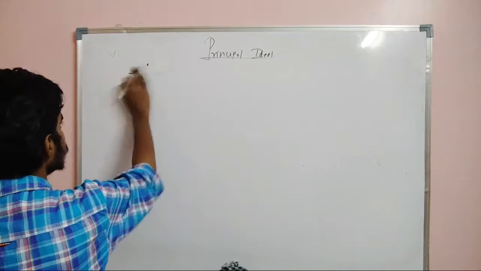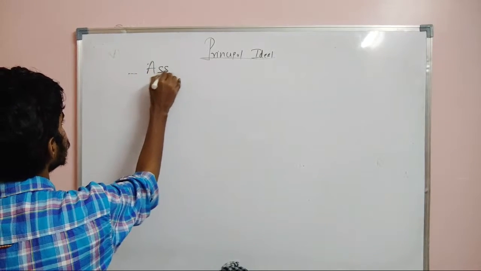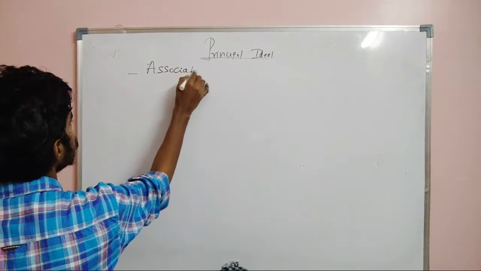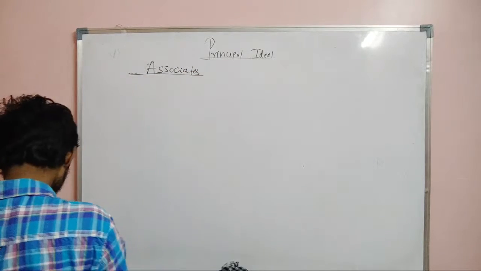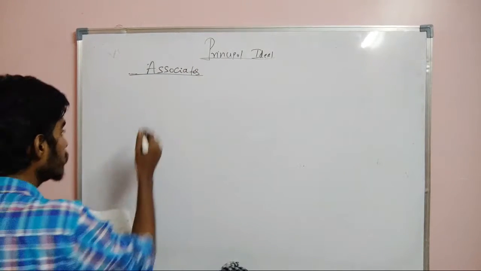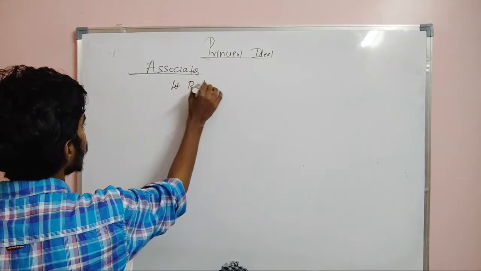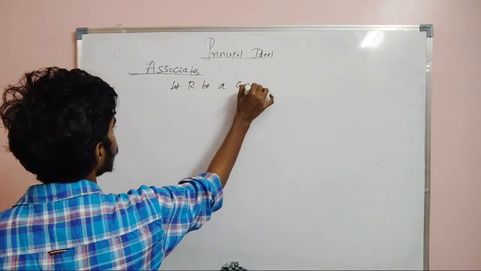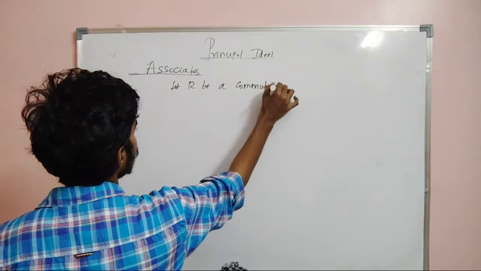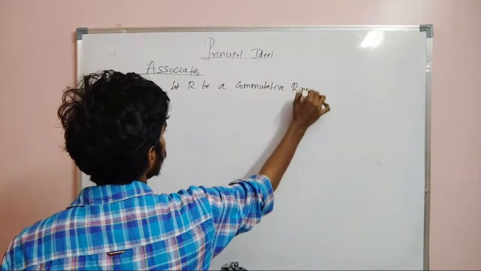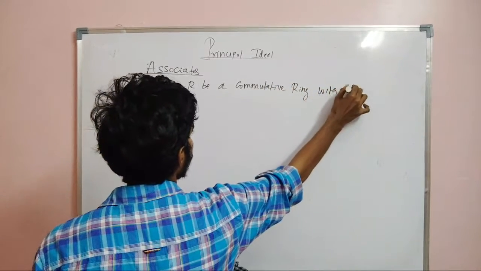Associates. Let R be a commutative ring with unity.